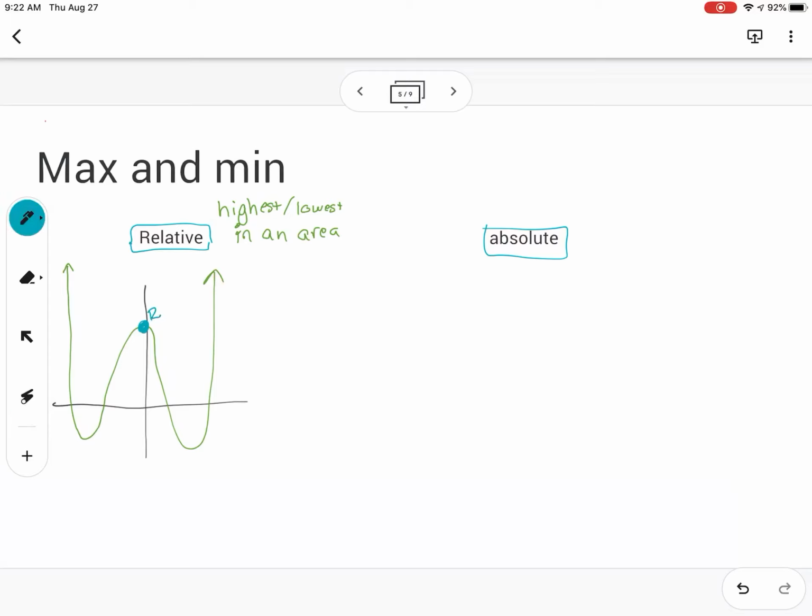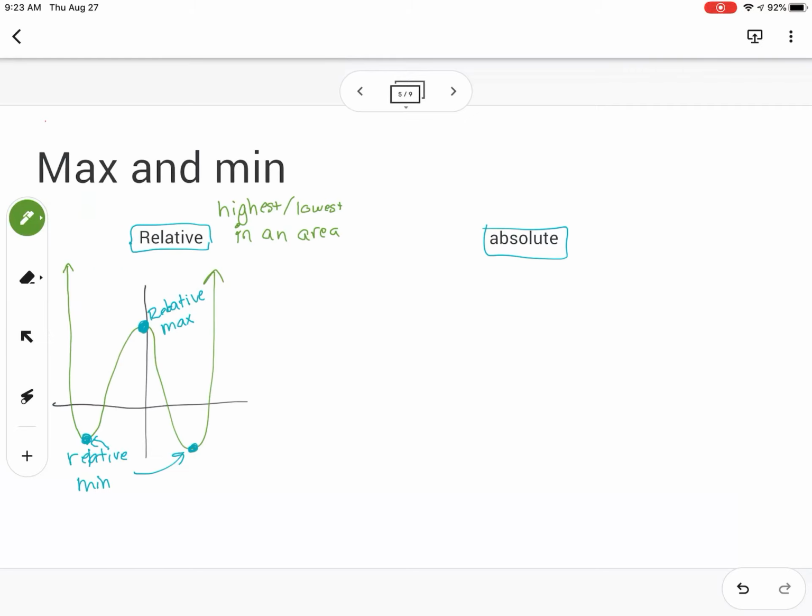So this is a relative maximum. Down here, these 2 points, we can't say they're minimums because they're even with each other. They're not the minimum of the graph. There's 2 of them. So these would be relative. I can't spell relative today. And that would also be a relative min, since they're even with each other. So that's what relative is for.